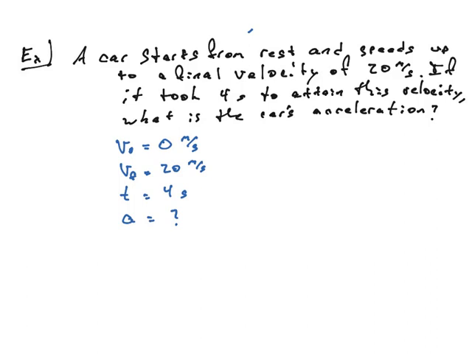What is it I'm looking for? And now I can start looking at the equations to figure out how to solve the problem. So let me write down the equations and see which one we may want to use. x equals v naught t plus 1/2 a t squared. vf squared is v naught squared plus 2ax. And acceleration is change in velocity over time.